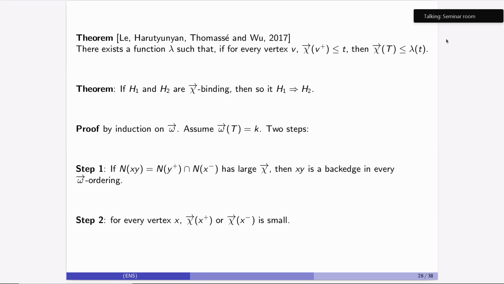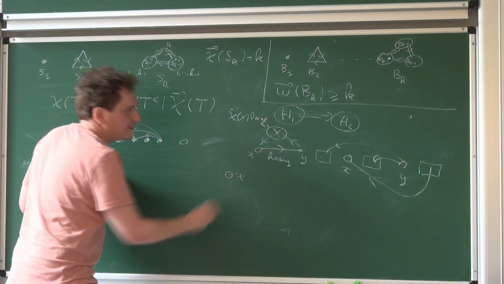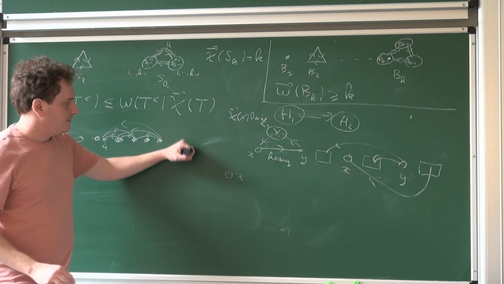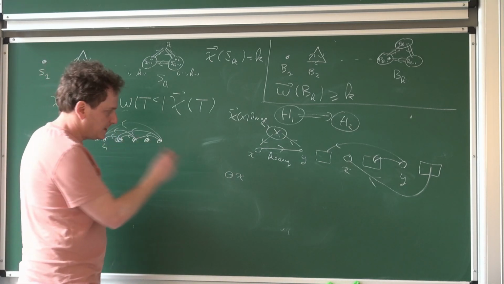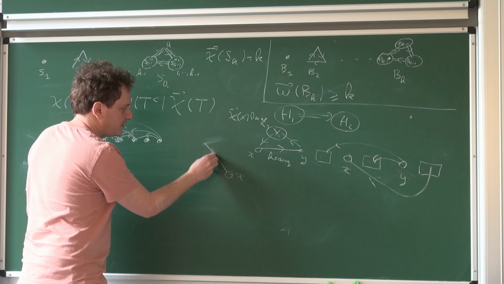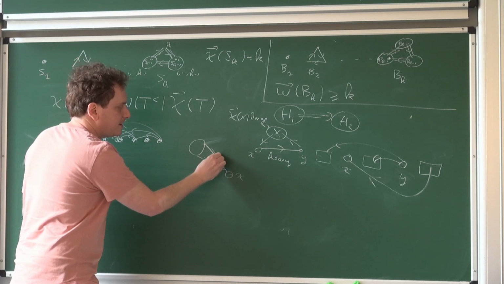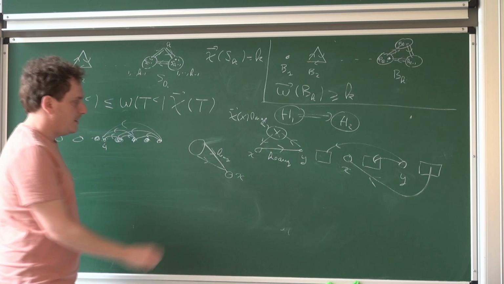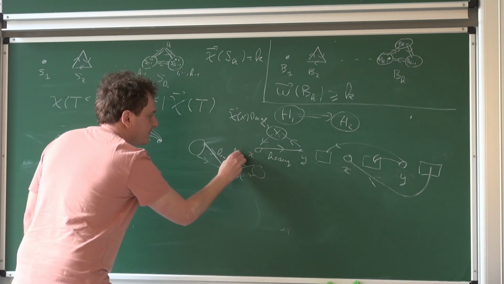So this is the difficult part. Take a vertex x and you want to prove that the in or out neighborhood has small dichromatic number. So first, I look at, for example, the in neighborhood such that this arc is heavy, and the out neighborhood such that those arcs are heavy.